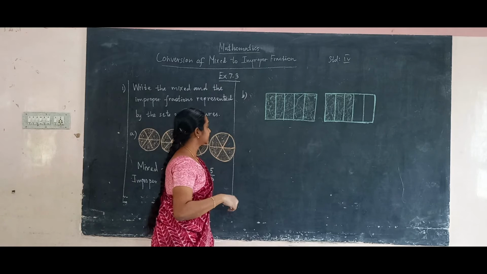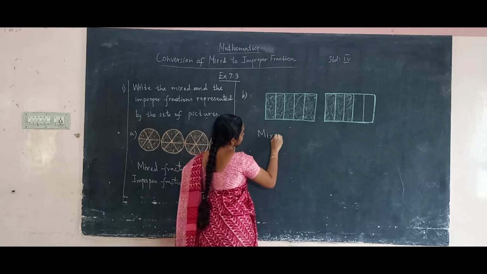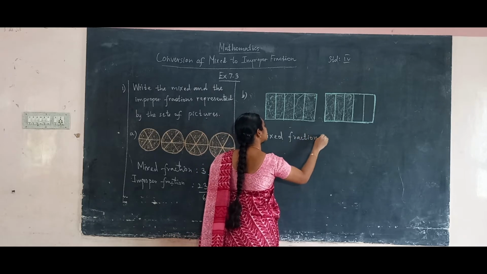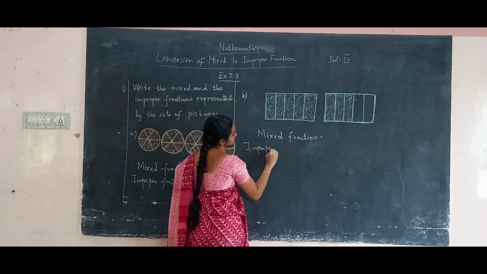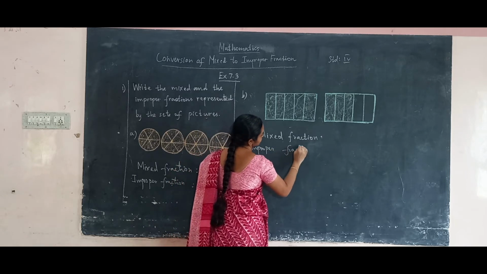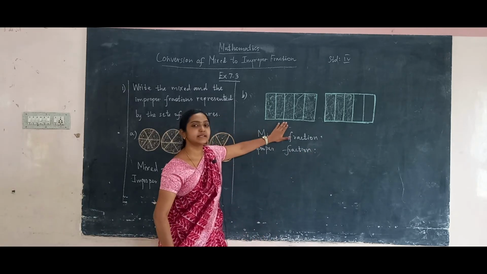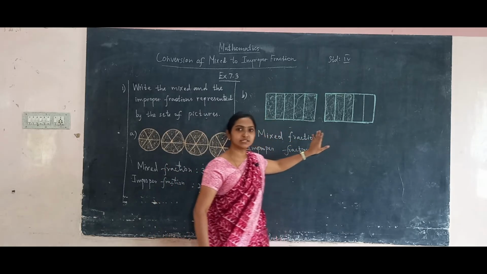The next part, we are going to find the mixed fraction and the improper fraction. For the mixed fraction, we have to count how many parts the whole is divided into.